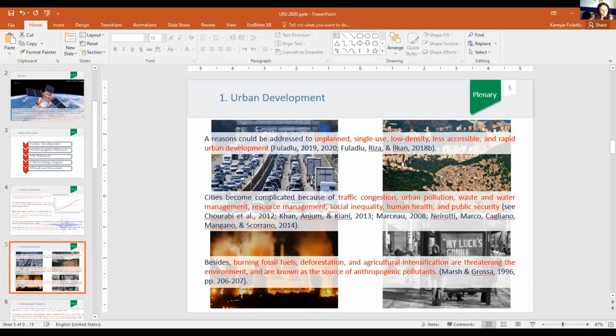Besides this, as we stated at the beginning of the presentation, burning fossil fuel, deforestation, and agricultural intensification are threats to the environment.